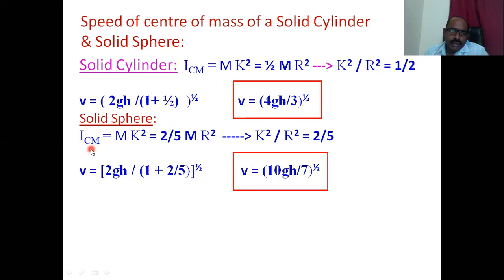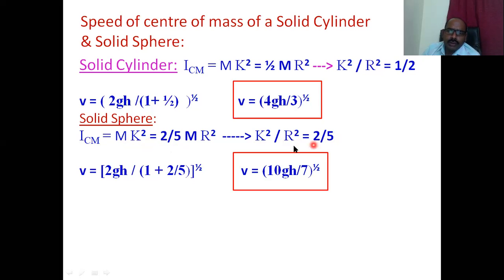In this case, I CM is equal to m k square, that is equal to 2 by 5 m r square. The moment of inertia of a solid sphere about an axis passing through the center of mass is 2 by 5 m r square. So from this equality, k square by r square is equal to 2 by 5.